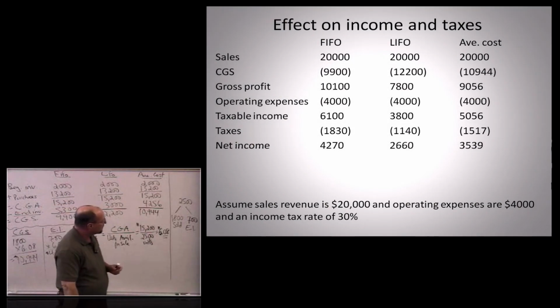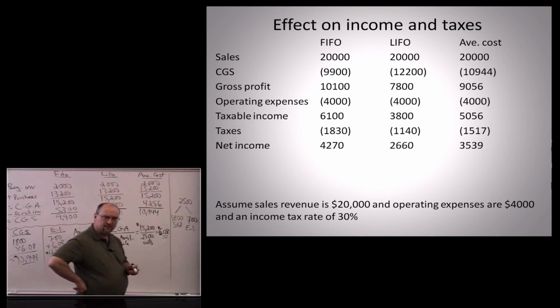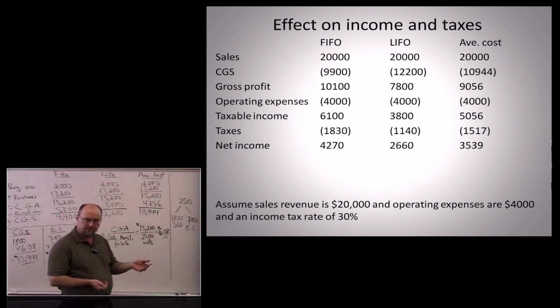Okay, so here's our numbers. If I transferred them correctly, 9,900, 12,200. Okay, assume, look at the bottom, assume that sales revenue is 20,000 and that our operating expenses, which have nothing to do with inventory, are 4,000, and we're in a 30% tax bracket, we'll just assume for federal income tax purposes.